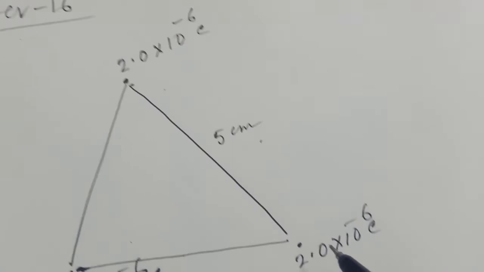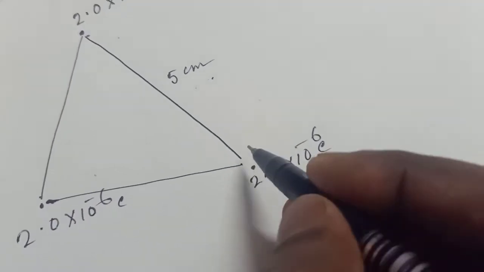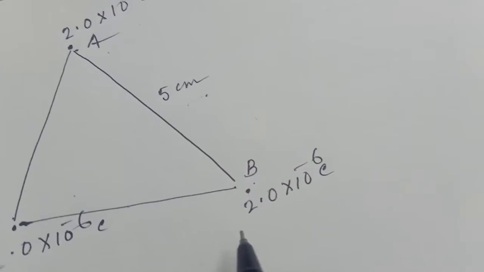So we calculate at position B, here A and B, and this is C.